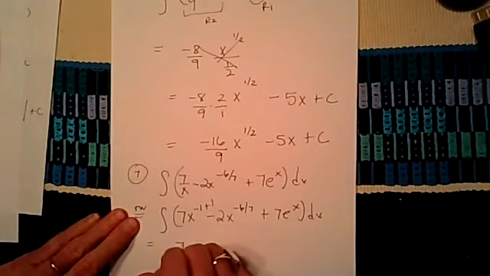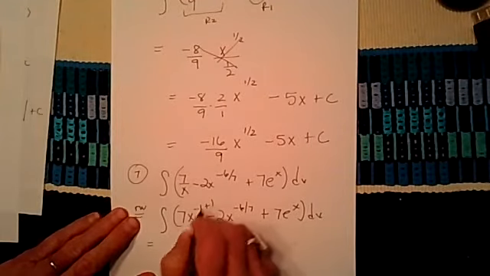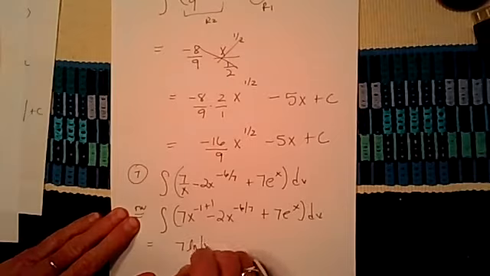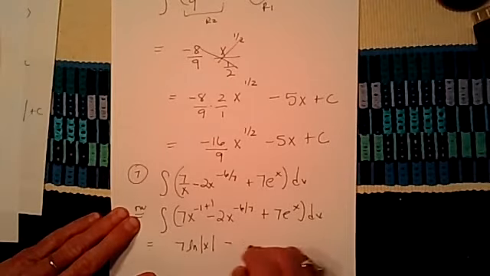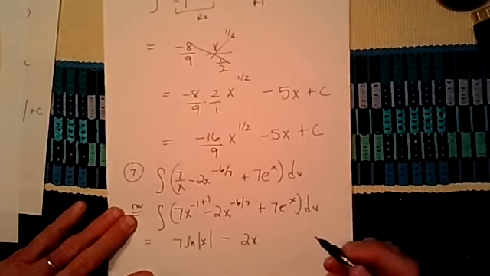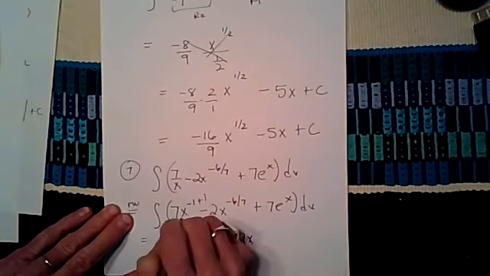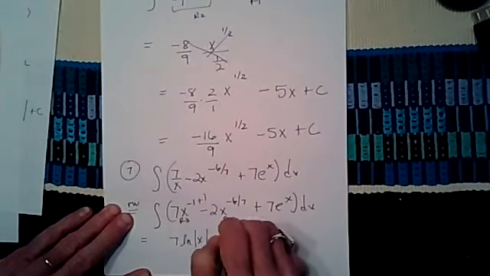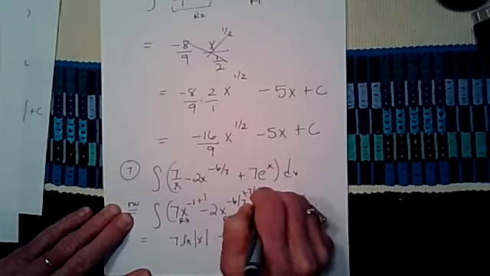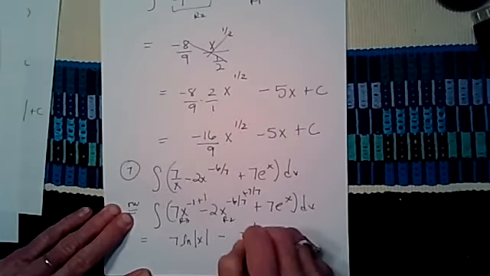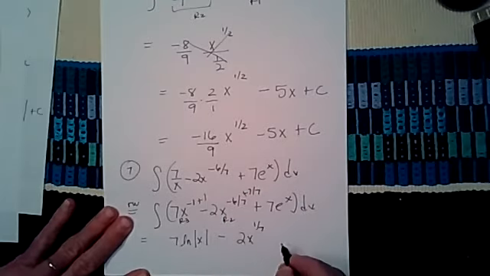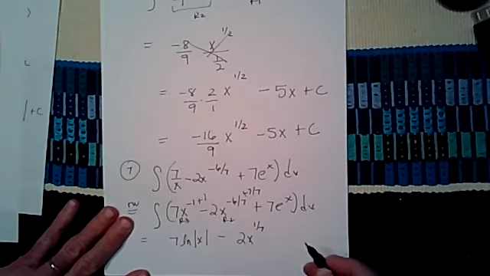So this is going to tell me, I bring my 7 over, and that's my ln of the absolute value of x minus 2x. And this is rule 2. That was rule 3. This is rule 2. When I add 1, when I add 7/7, I get 1/7. And I divide by 1/7 or multiply by 7/1.